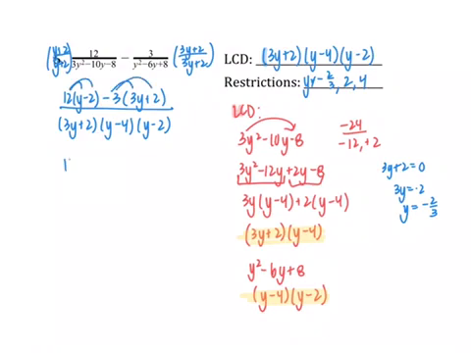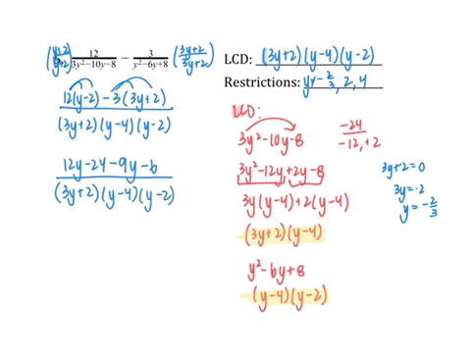So I've got 12y minus 24 minus 9y minus 6 all over our common denominator. And then let's simplify. So 12y minus 9y is 3y. And then negative 24 minus 6 would be negative 30.